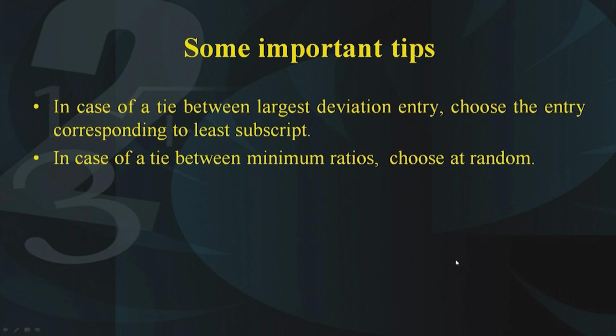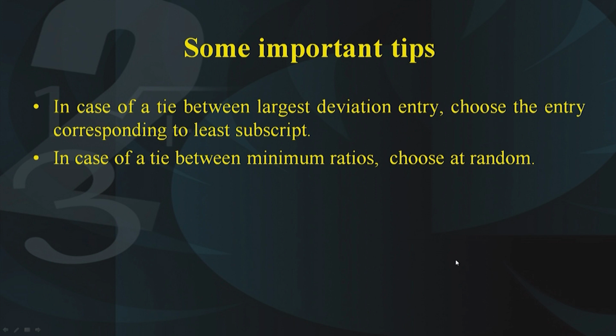Now, some important tips when you solve exercises on the various conditions of the linear programming case. The first one is that in case there is a tie for the largest entry in the deviation row, then the choice has to be made according to the least subscript.